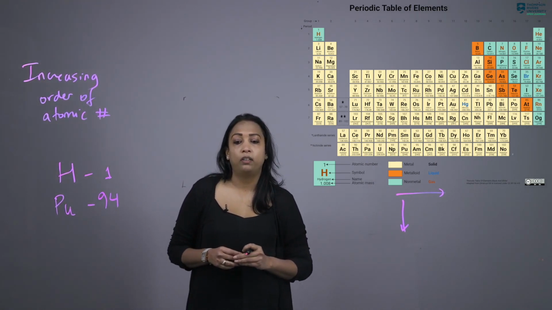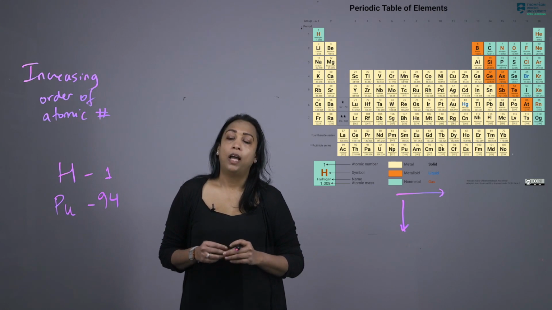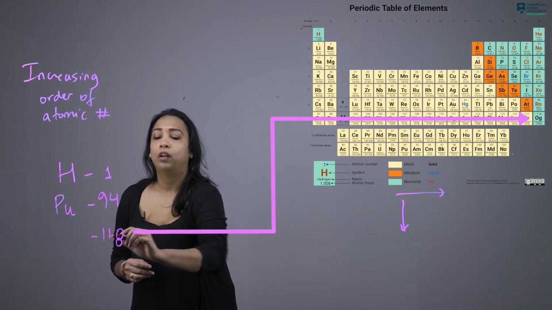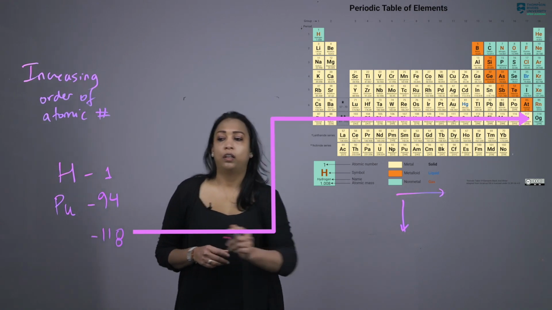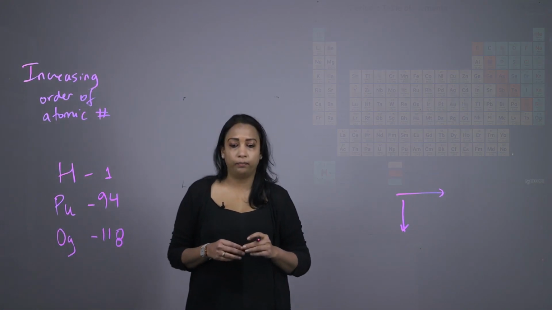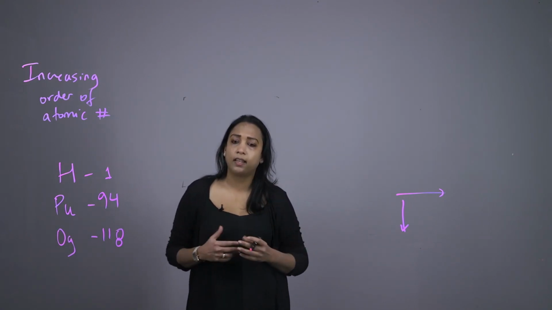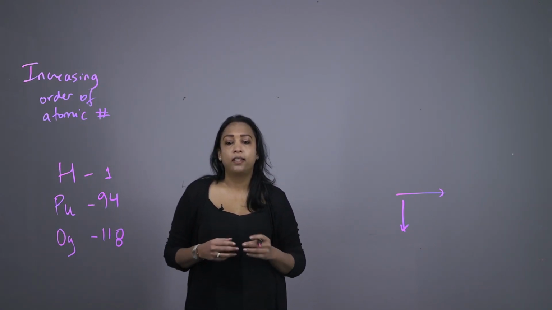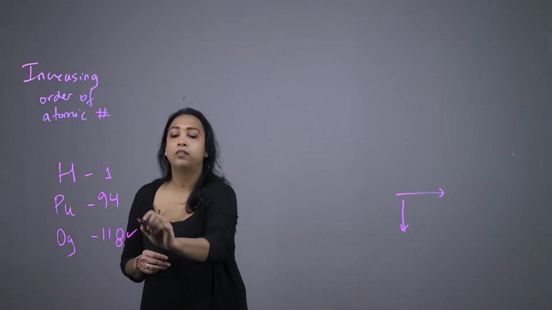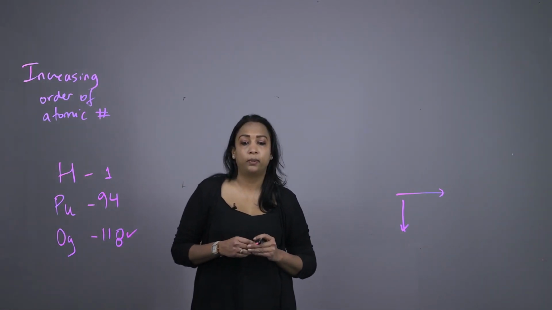Plutonium happens to be radioactive. Element 118, known as Oganesson, has the symbol Og, and this is a synthetic element that is expected to be a gas at room temperature. This is the highest atomic number in the periodic table.